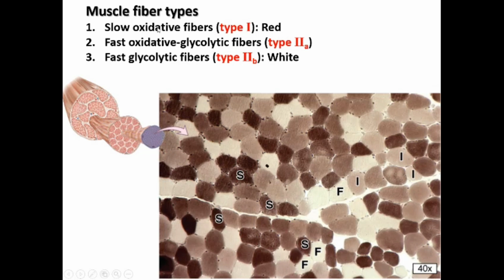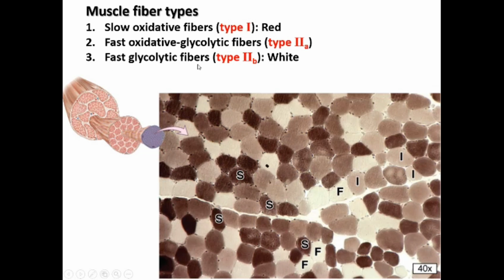The slow oxidative fibers, also called type 1 or red fibers, have a red color in a fresh section from these muscles, so we call them red muscle.